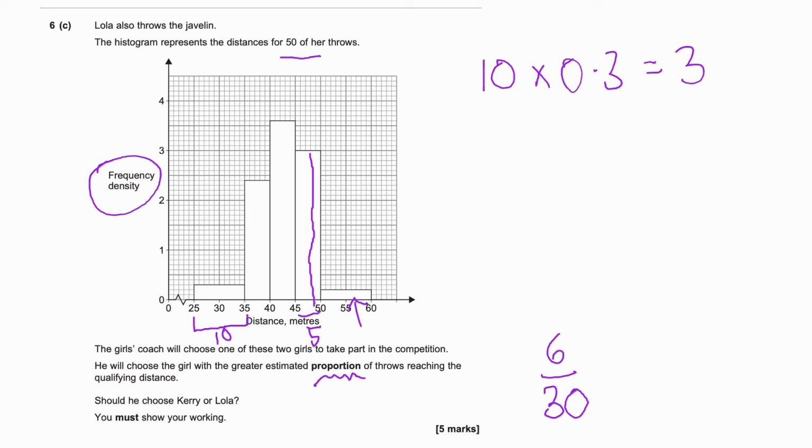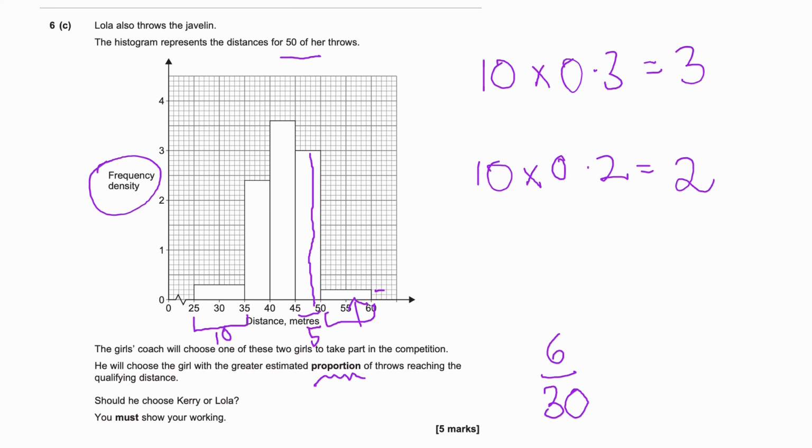So for Lola, greater than 50, we've got 10, which is the width here, and the height, which is 0.2. So 10 times 0.2 gives us 2 throws. So she got 2 throws between 50 and 60.